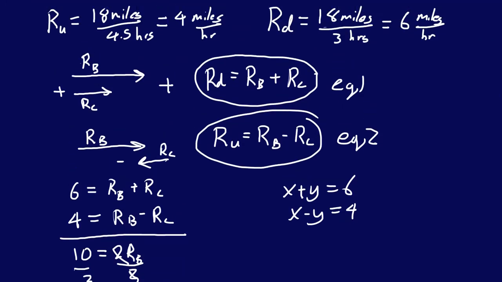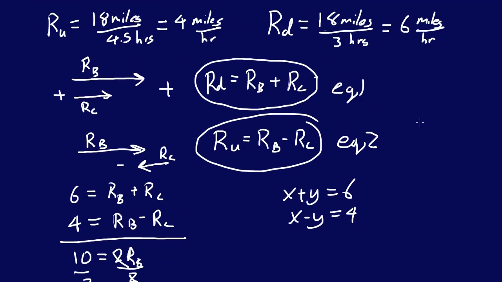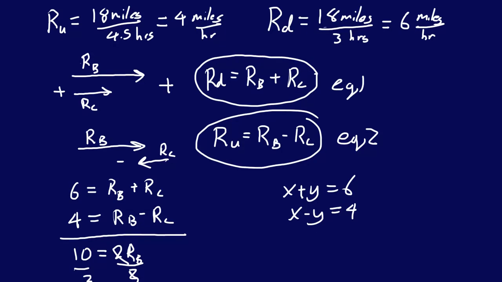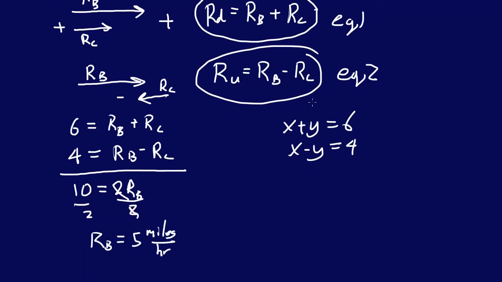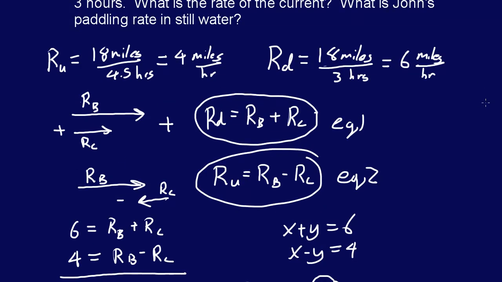And again, we go back to these two equations, and it really doesn't matter which equation you use, just like when you're doing a system of equations problem. So we'll just take the first one. So we'll say R sub D is equal to R sub B plus R sub C, and this time we're solving for this variable. Well, R sub D, again, we know is 6.